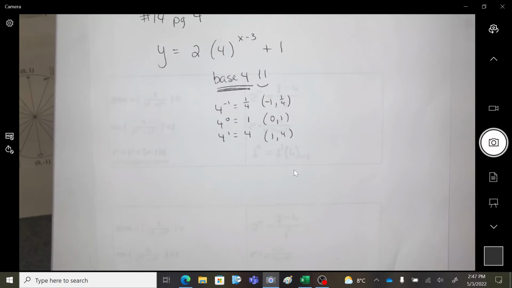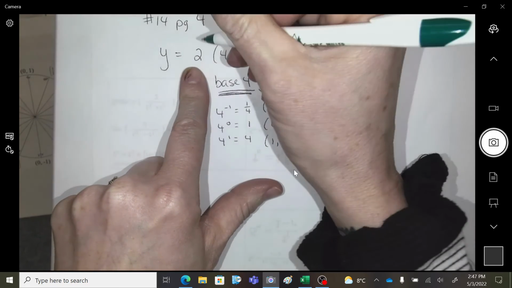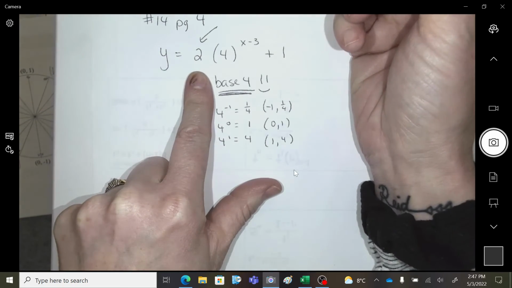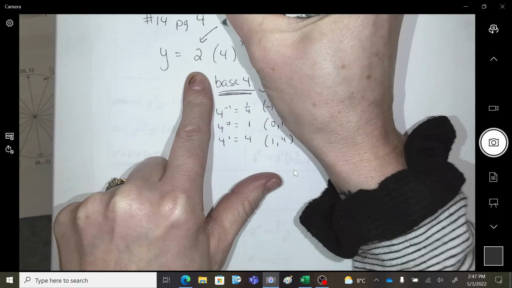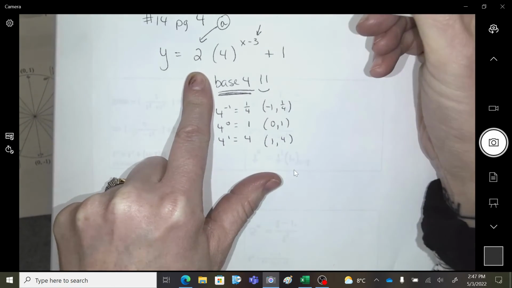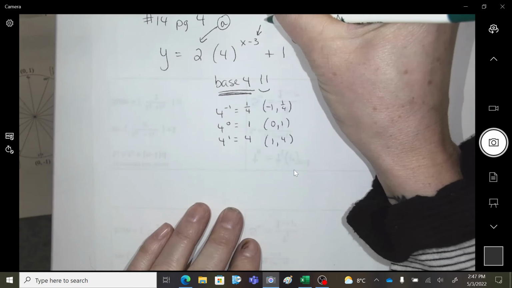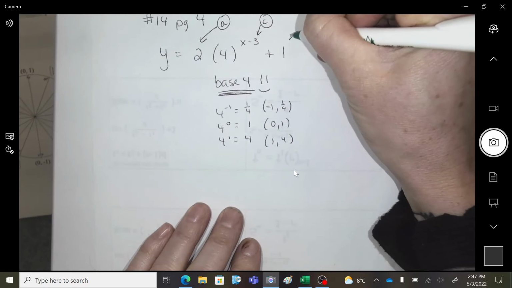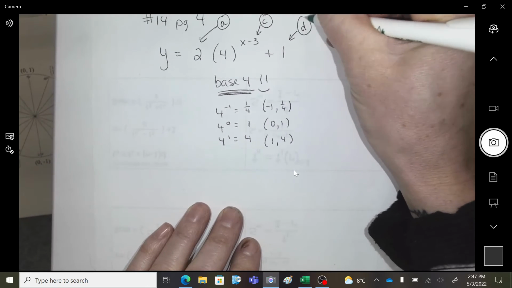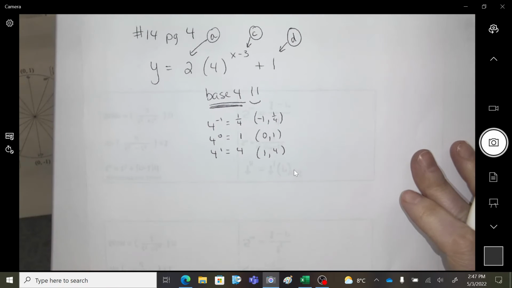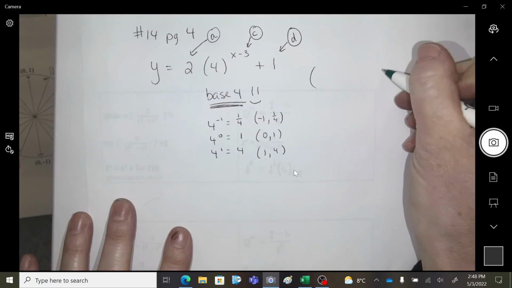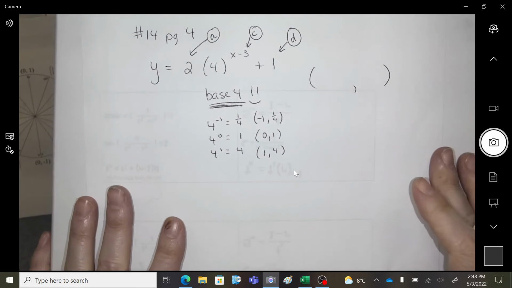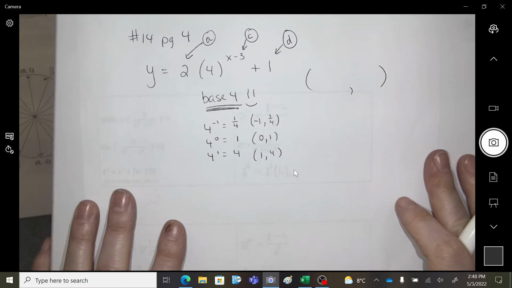Okay. Now let's talk about ABCD stuff. Okay, we got a 2. What letter? That's an A. We have a 3. That's a C. And a D. Can you write me just the general transformation coordinate?